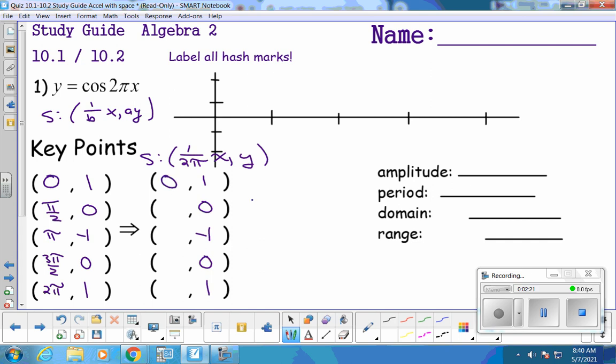If I have to do pi over 2 times 1 over 2 pi, do you know what will happen? The pi's will go away, and it will be 1 over 4. If I have to do pi times 1 over 2 pi, the pi's will go away, and it will be 1/2. Guess I could show the pi's going away if I wanted to.